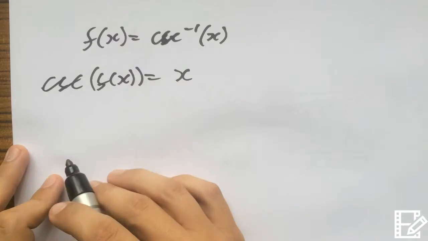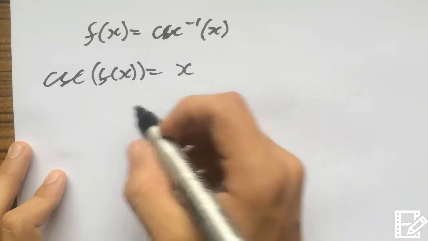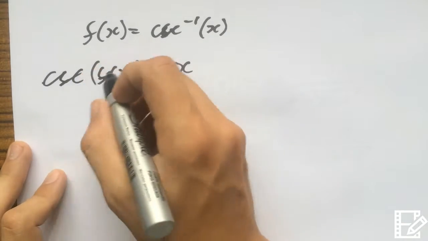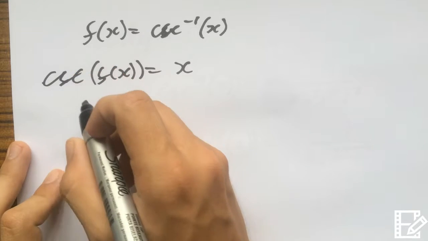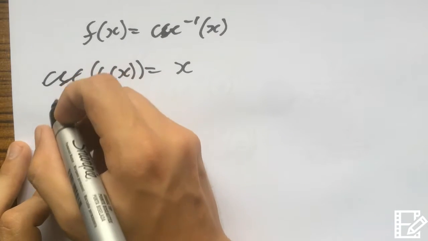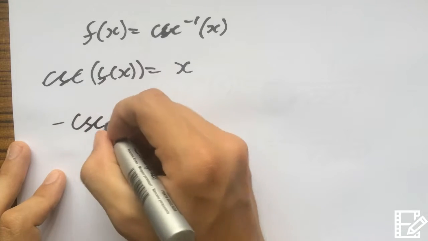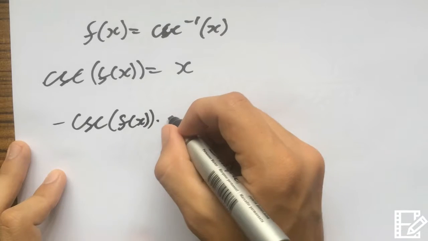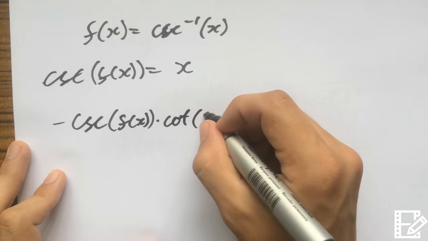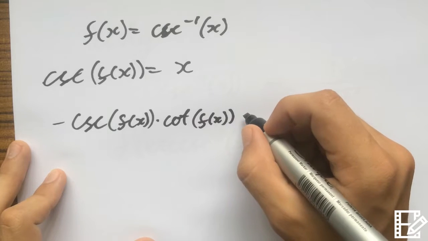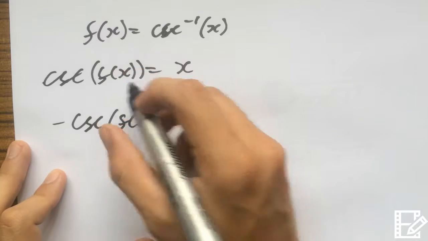So, now that we've got that out of the way, we're going to derive each side. So, we'll start with the left side. Derivative of cosec of fx, we use the chain rule. Derive the outside first. We get negative cosec fx multiplied by cotangent fx multiplied by the derivative of the inside.